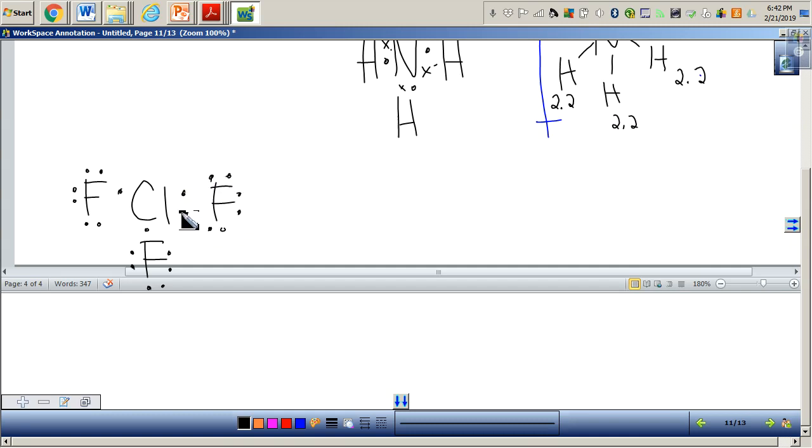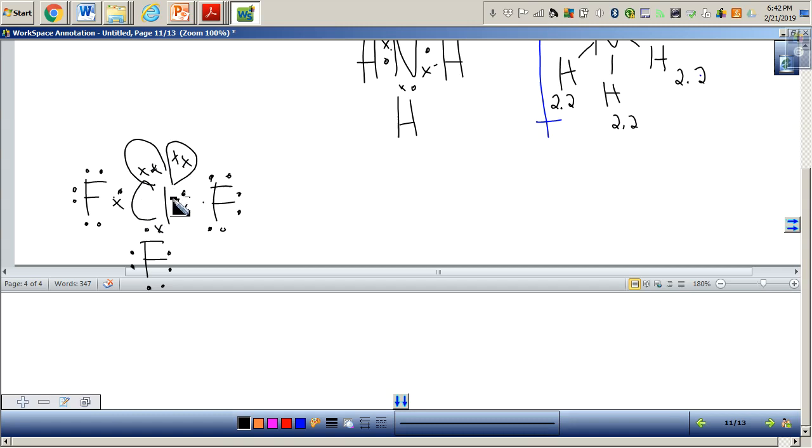Each fluorine has 7, and chlorine has 7. 1, 2, 3, 4, 5. It should have 7, so I have leftovers, so I need a lone pair. Here I'm showing that I have 3 single bonds and 2 lone pairs. Even though I don't have this circled, it's still a lone pair.